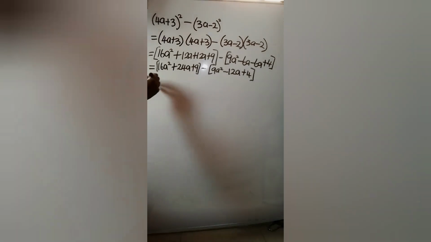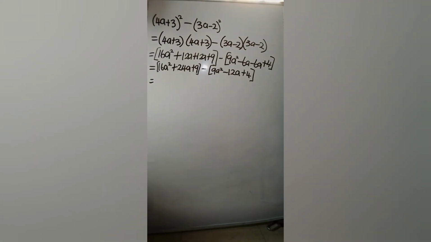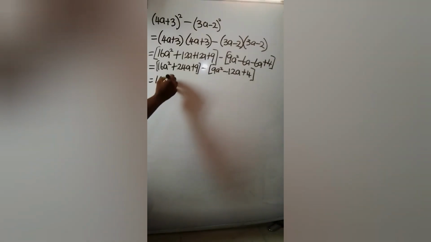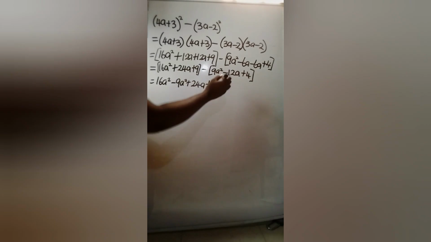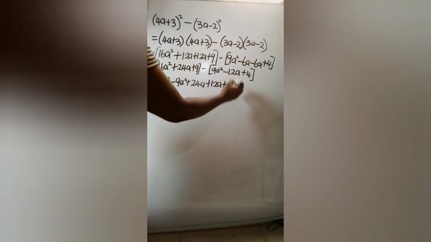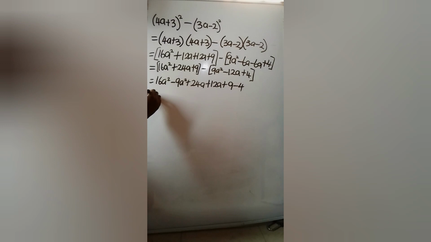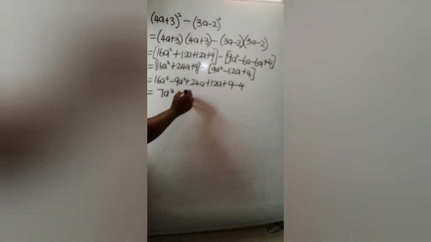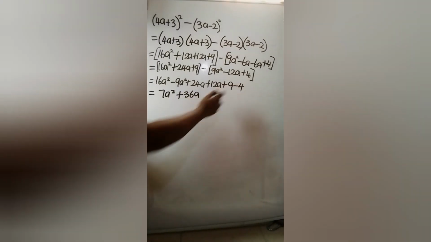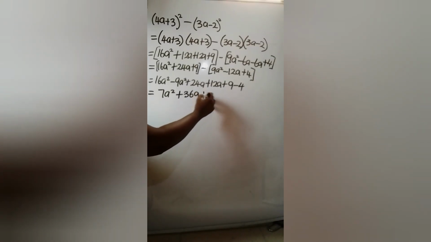Now open up these brackets so we'll be able to collect like terms. 16a squared minus 9a squared plus 24a minus minus is plus 12a, then plus 9 minus 4. Then 9 minus 4 is 5.